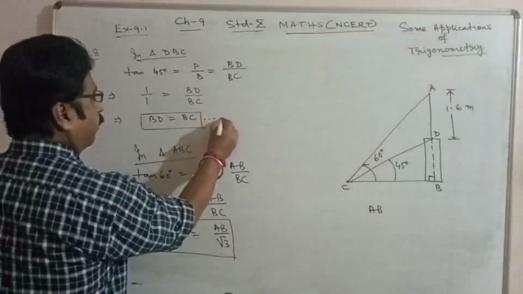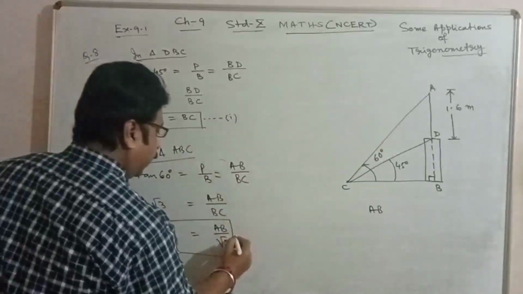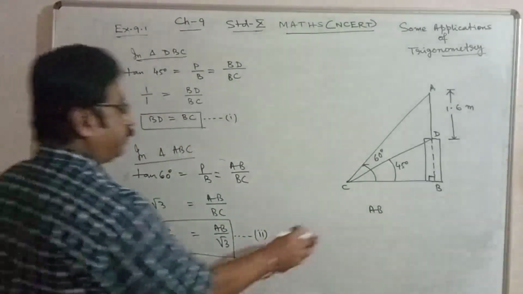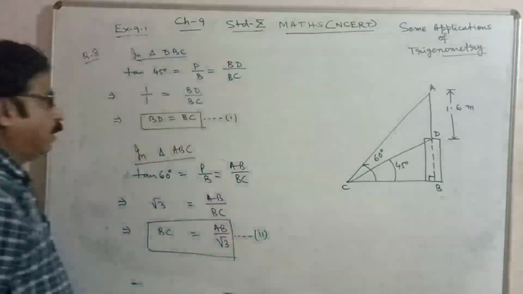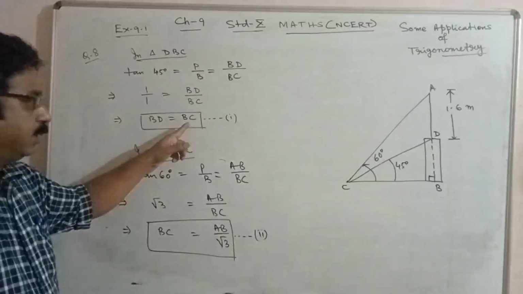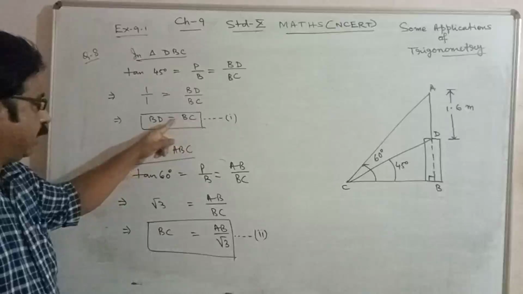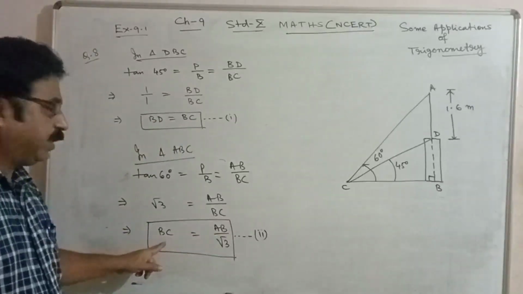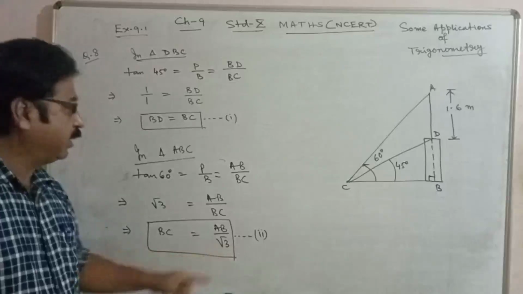This is relation 1, this is relation 2. From 1 we got BC equals BD. From 2 we got BC equals AB upon root 3.